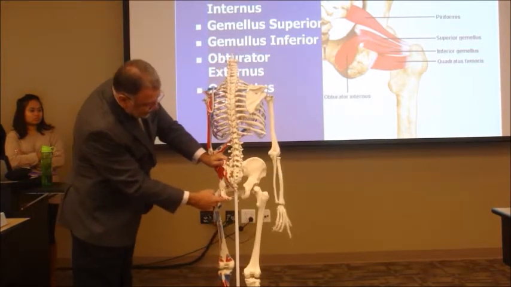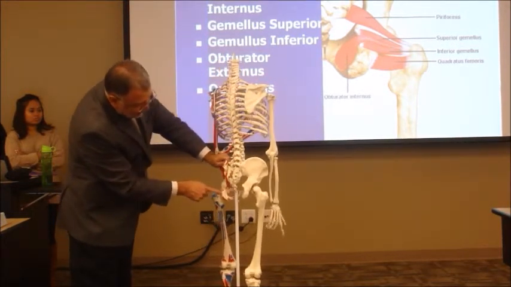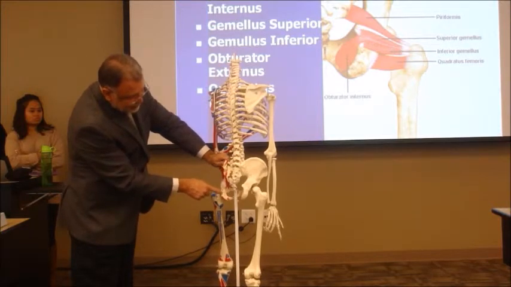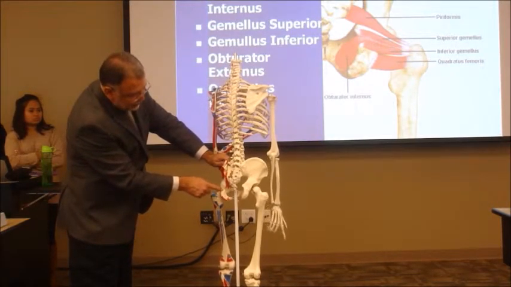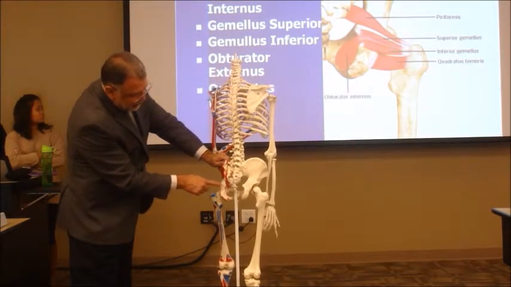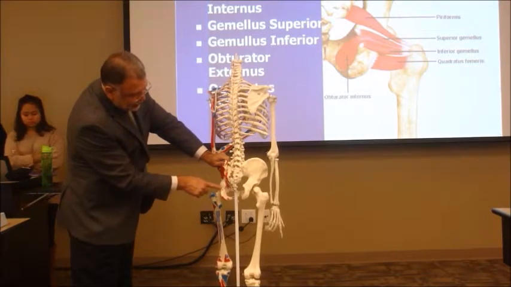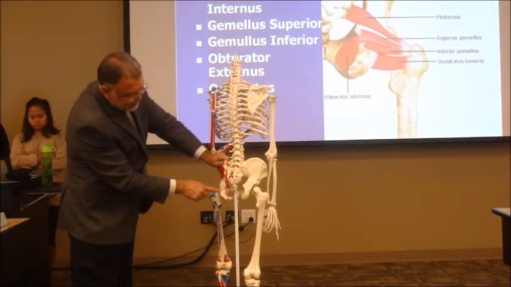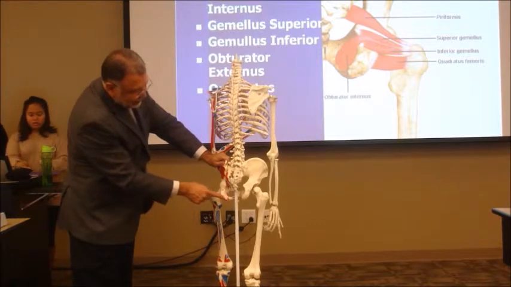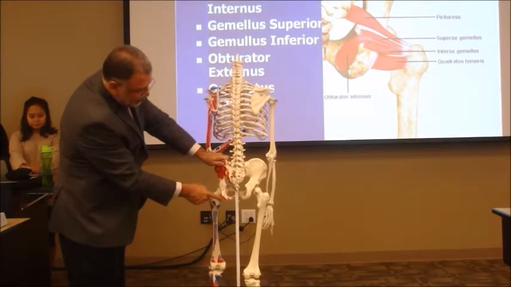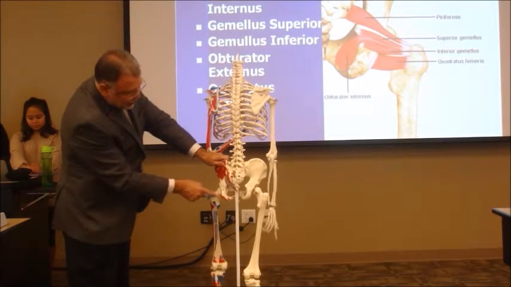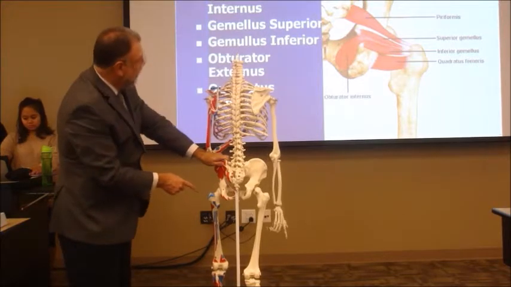As for the other external rotators, all of them are going to be located as their origin either from the ischium near the acetabulum, the posterior wall of the acetabulum, or going into the ischial tuberosity. And all of them are going to be very short, very strong.